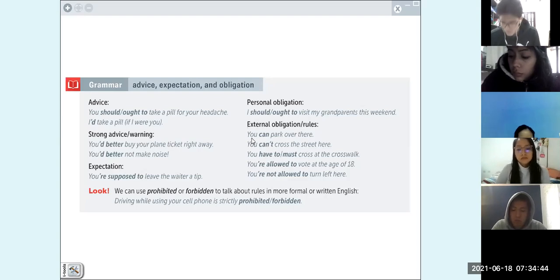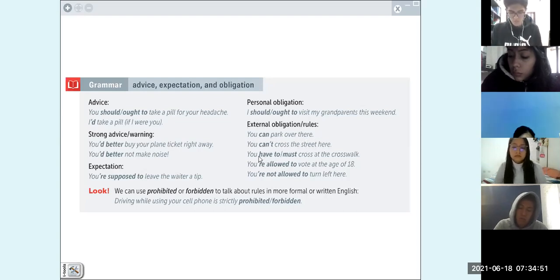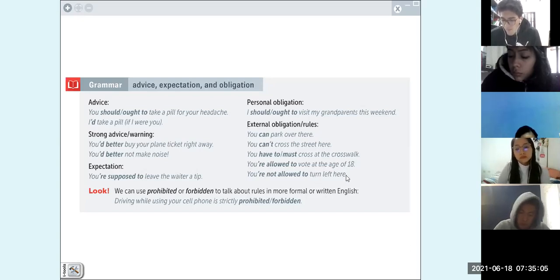Okay? For example, you can park over there. You can't cross the street here. You have to or you must cross at the crosswalk. You are allowed to vote at the age of 18, or you are not allowed to turn left here. What other rules come to your mind?